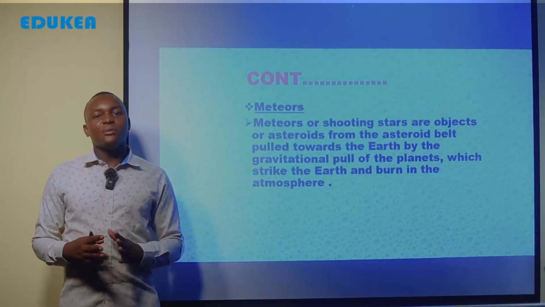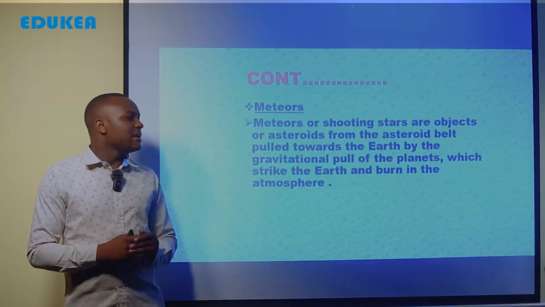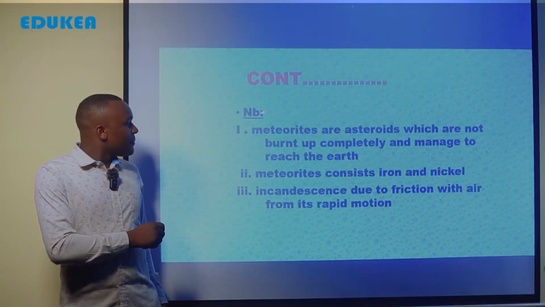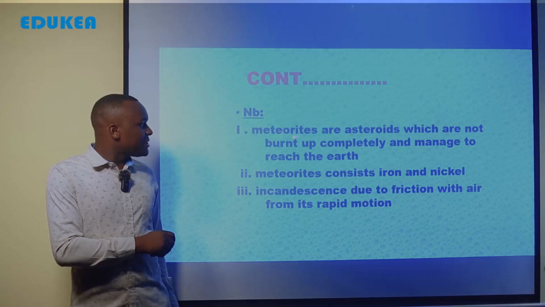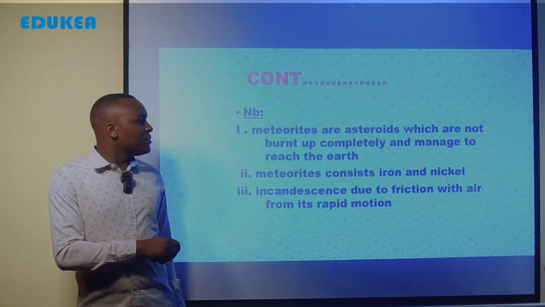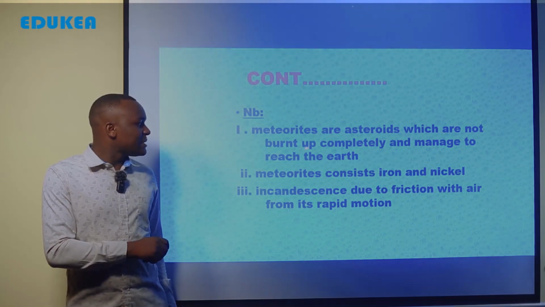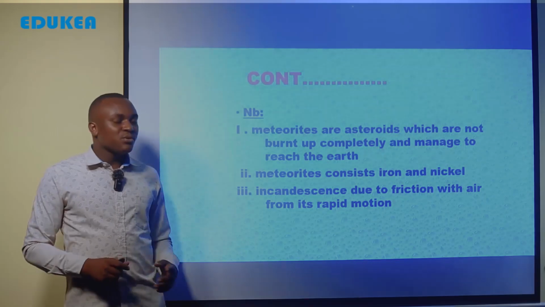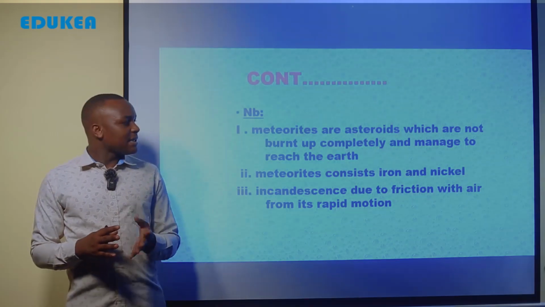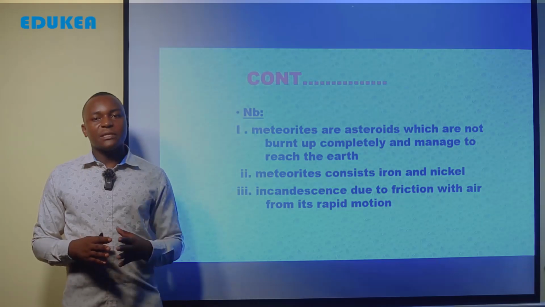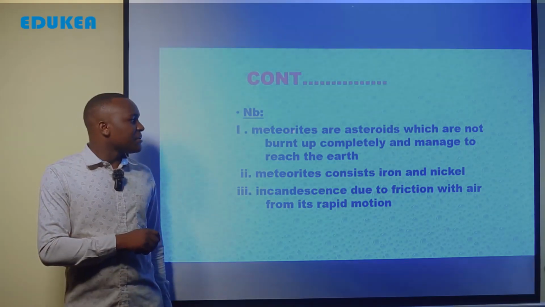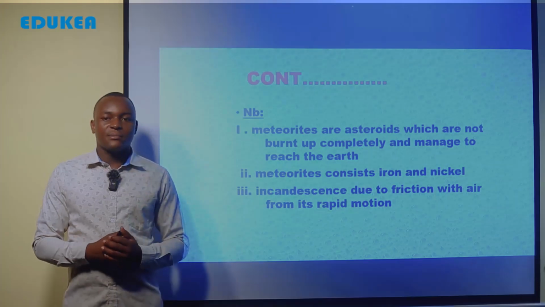But something to note, we say meteorites are asteroids which are not burnt up completely and manage to reach the Earth. So those asteroids which are not burned completely and reach the Earth, we call them meteorites. Vimondo. Those are meteorites. We say meteorites consist of iron and nickel.